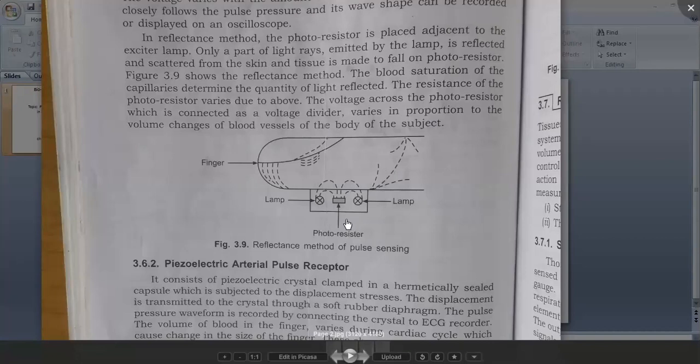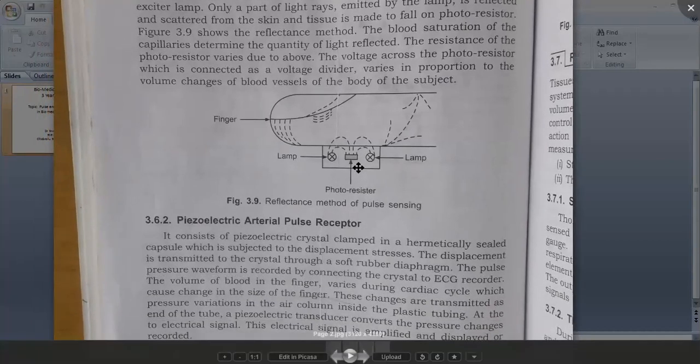Coming to the next method for the pulse sensor: the piezoelectric pulse receptor.